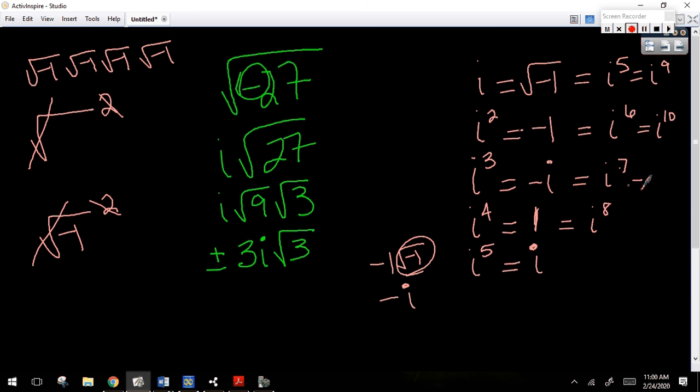Guess what it starts back at? 13, and then 17. So it's on a constant loop with those four values. i raised to any power is either going to be i, negative 1, negative i, or positive 1. It's going to be one of those four values.